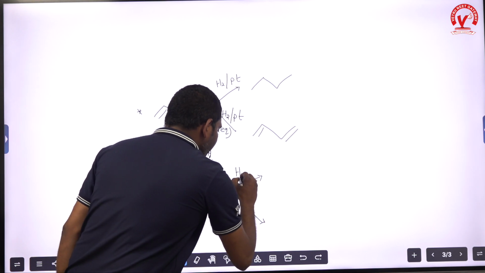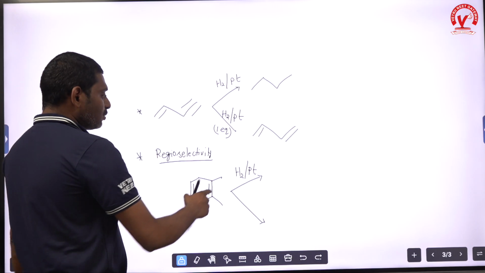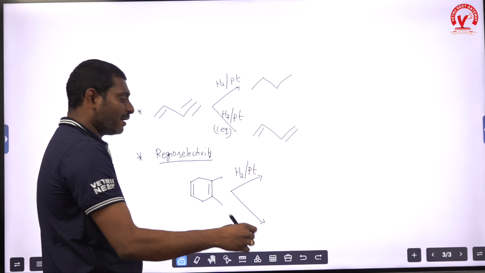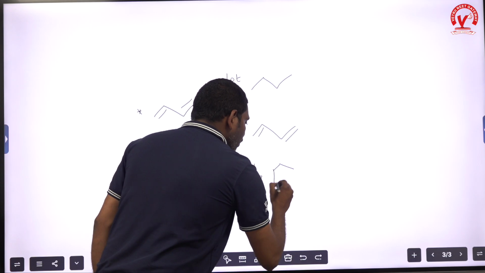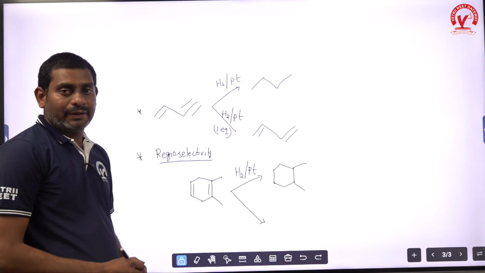Generally if it is mentioned hydrogen in presence of platinum or palladium, and the number of hydrogens isn't mentioned, it can break all the pi bonds, and this product is formed.